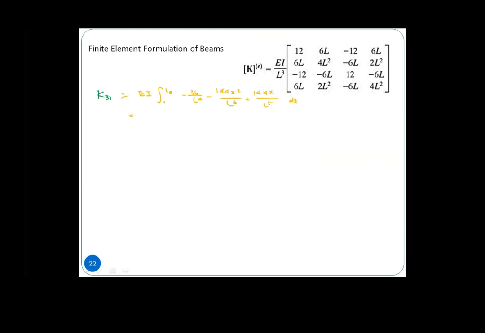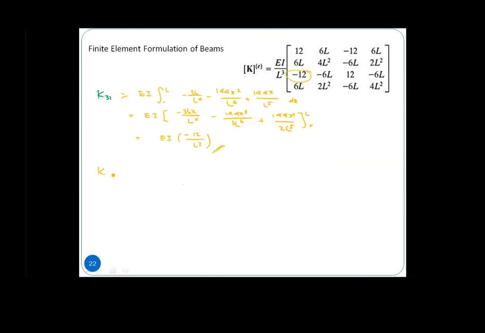So I will end up with EI times negative 36x over L power of 4 minus 144x cubed over 3L power 6 plus 144x squared over 2L power 5. So it will give me EI times negative 12 over L cubed, which is this.